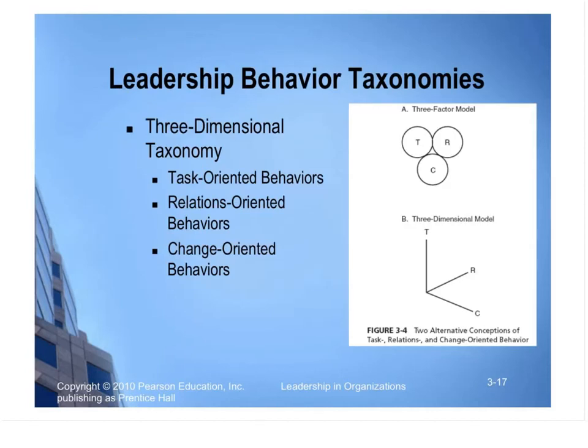So we have different types of definitions, like three-dimensional, where we have task-oriented behaviors, relationship-oriented, and change-oriented. This has been a very common type of defining by taxonomies, by which we mean definitions. It is a very common way of defining leadership. Basically, you focus on three factors: task, relations, and change.